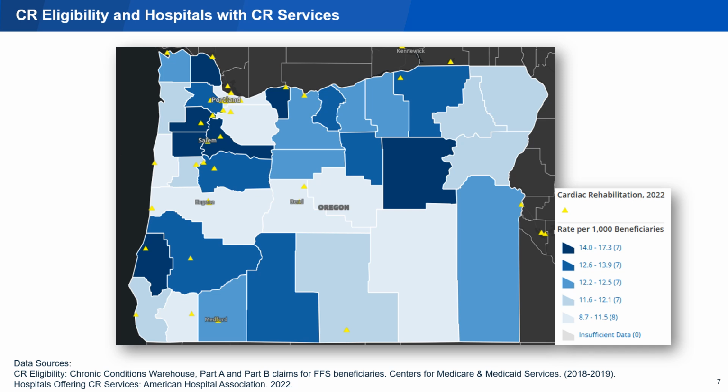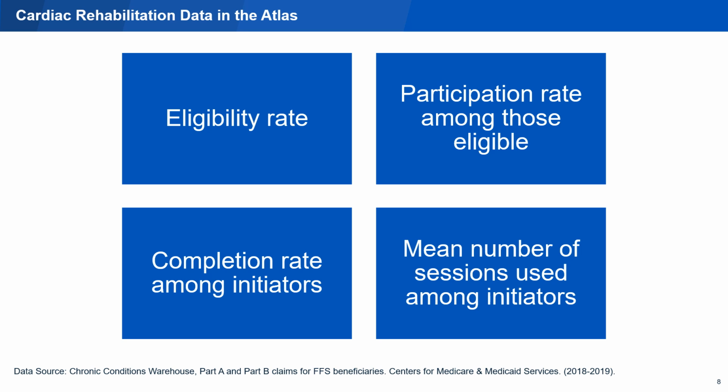We can see that some counties with the highest eligibility rates have limited geographic proximity to cardiac rehabilitation at a hospital. In addition to eligibility, you can also map participation rate among those eligible, completion rate among initiators, and the mean number of sessions attended among Medicare fee-for-service beneficiaries who initiated cardiac rehabilitation.